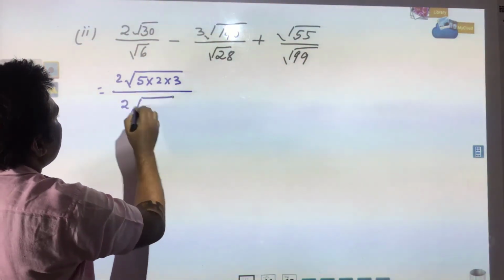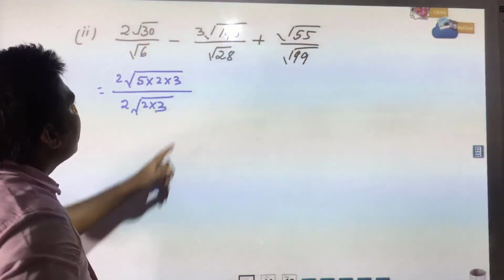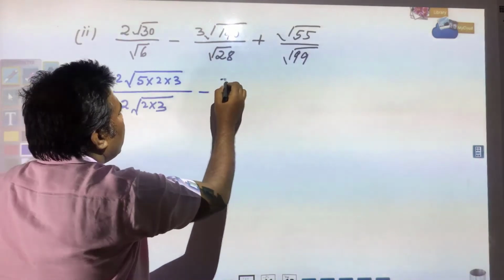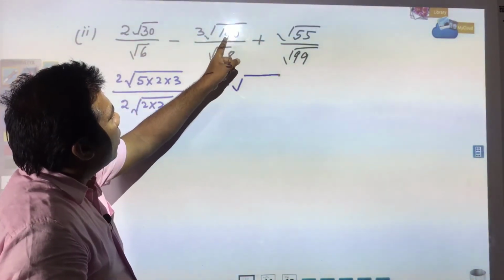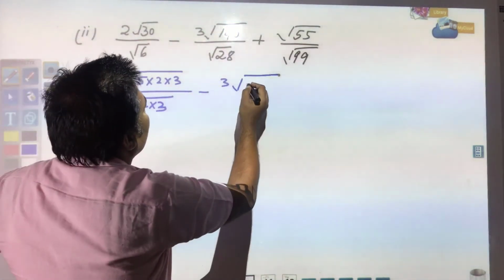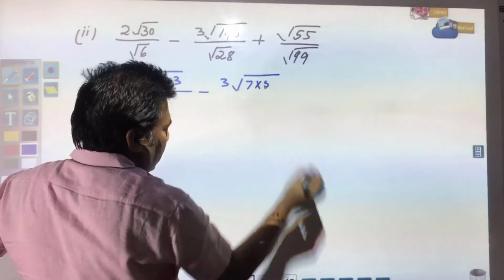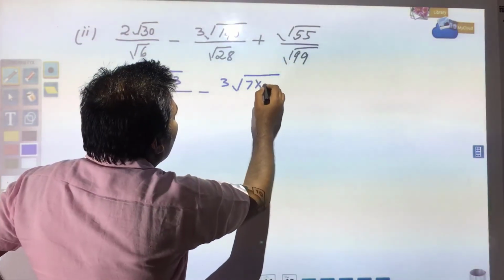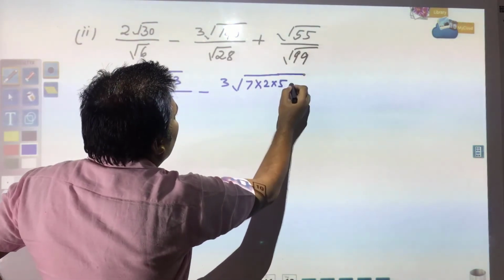root under 6, it means 2 into 3, minus 3 into, this can be again factorized for 140. So, this will be 7 into 2 into 5 into 2.